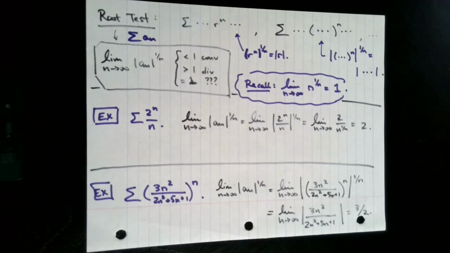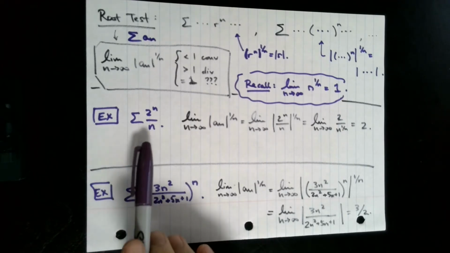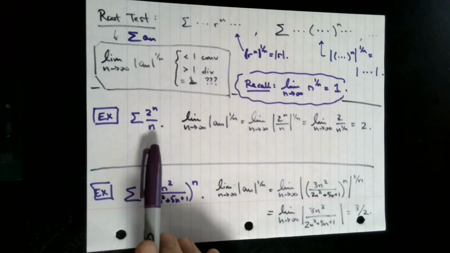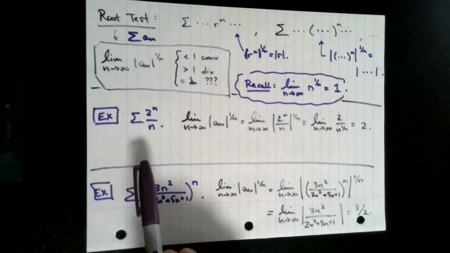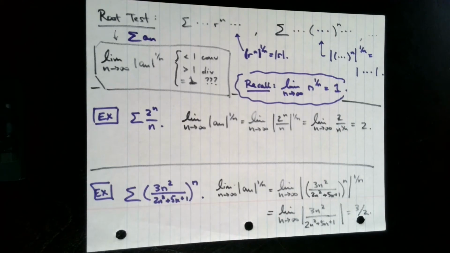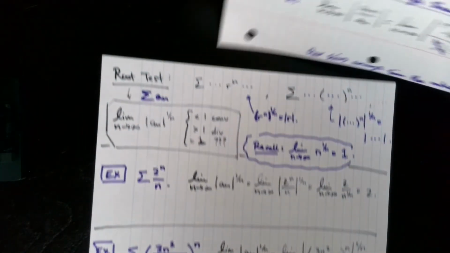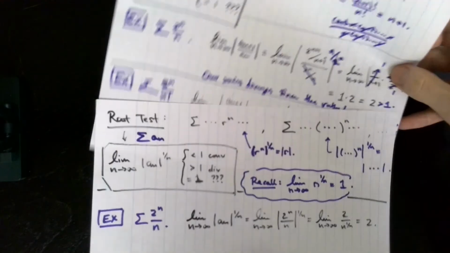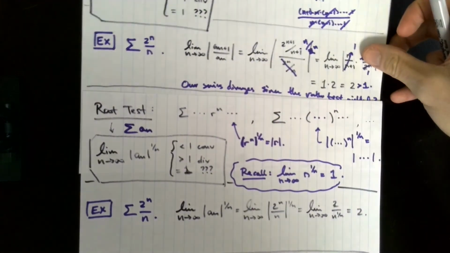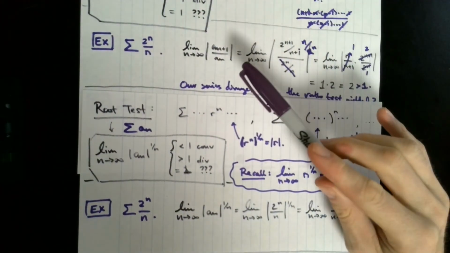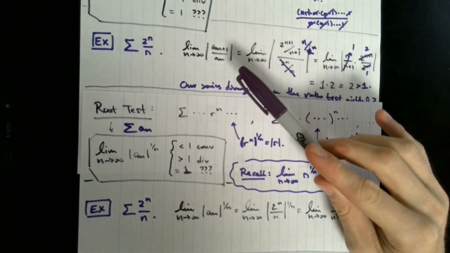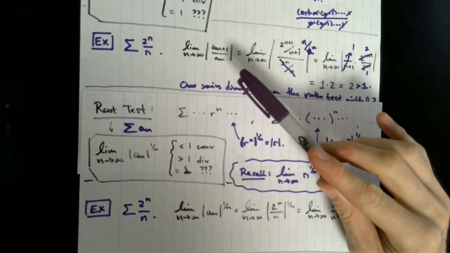Right, so what I'd like to do here is address two examples that are related to the root test so that we can see the root test in action. The first example involves a factor of r to the n. In fact, if you watched the ratio test video previously, forgive me for shuffling this around as much as I just did, we actually saw this exact same series using the ratio test.